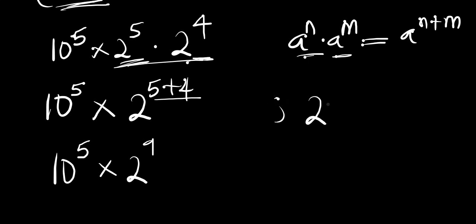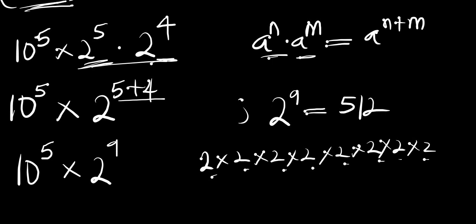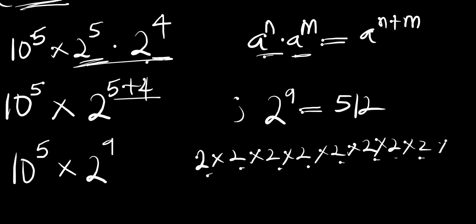And if you recall, 2 to the power of 9 is simply 2 multiplied 9 times. That is 512. If you want me to do it, it is just like writing 2 times 2 times 2 times 2 times 2 times 2 times 2 times 2. 1, 2, 3, 4, 5, 6, 7, 8. Then we have 1 more times 2, that is 9.